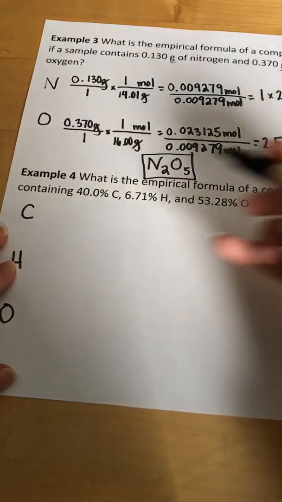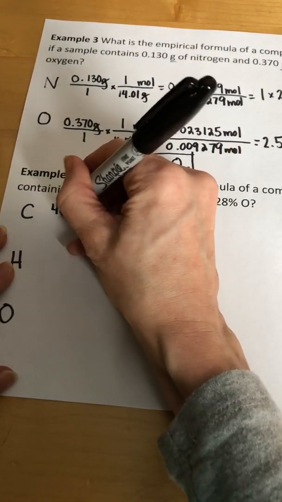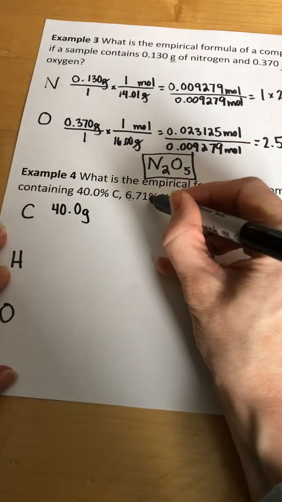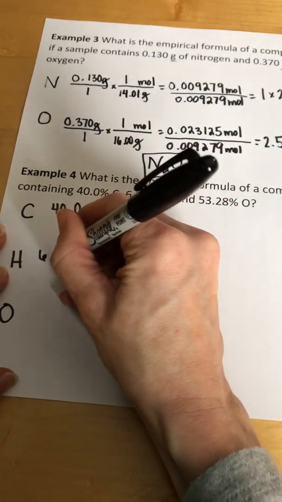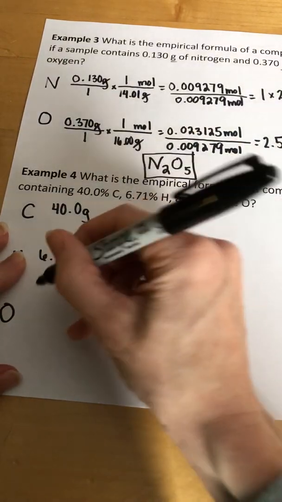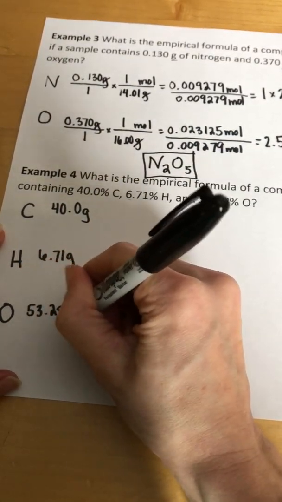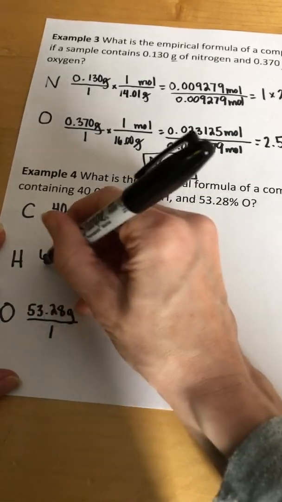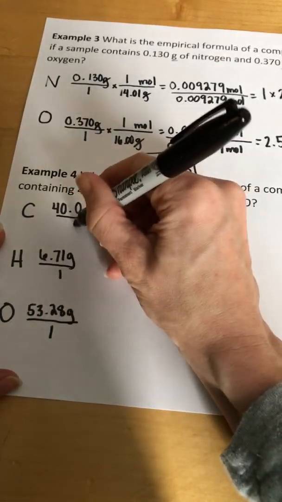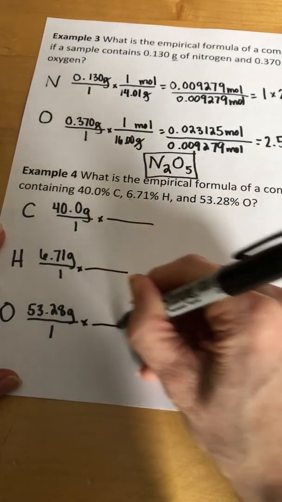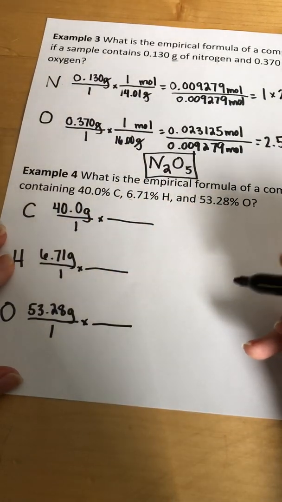All you do is just swap out your percentage for a gram. So this is going to be 40.0 grams, 6.71 grams, and 53.28 grams. Okay, and then all of those, once they're put into grams, my second step is taking grams to moles.